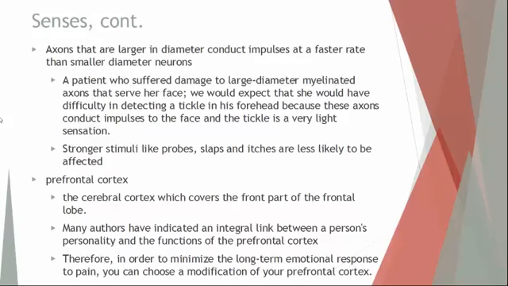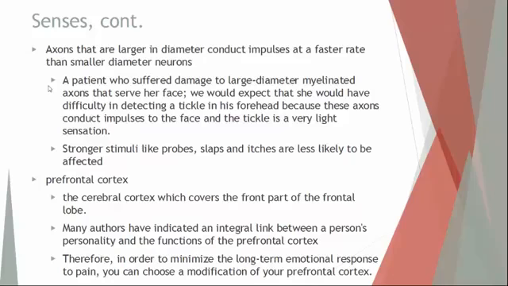It's the same thing with blood vessels. The more room there is and the less peripheral resistance there is, the faster things can get to where they're going to go. Alright, here's another example. Say a patient has damage to axons that are myelinated and of larger diameter.